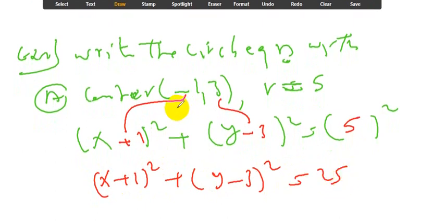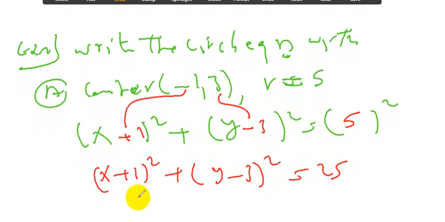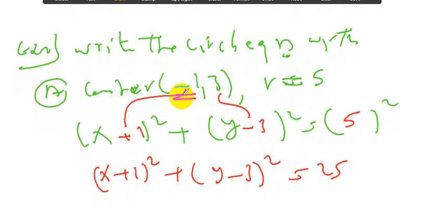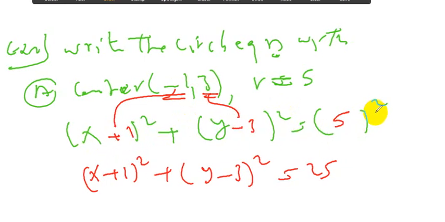So if the center is 0, 0, it will be x squared plus y squared equal r squared. But if the center is changed to another point other than the origin, say the center is minus 1 and 3, you first write the main equation, which is in green: (x)^2 + (y)^2 = (r)^2.